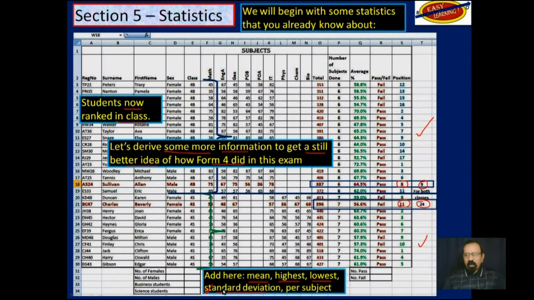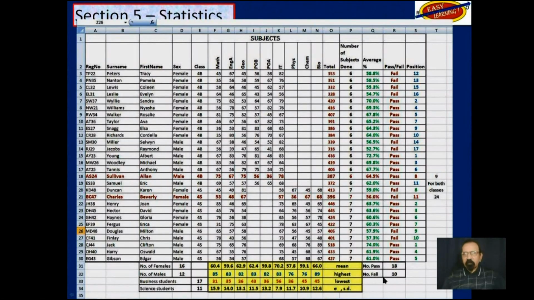We will also find what the standard deviation is per subject, and we will also include here number of females, number of males, number of business students, number of science students, number passed, number failed, which is this page.